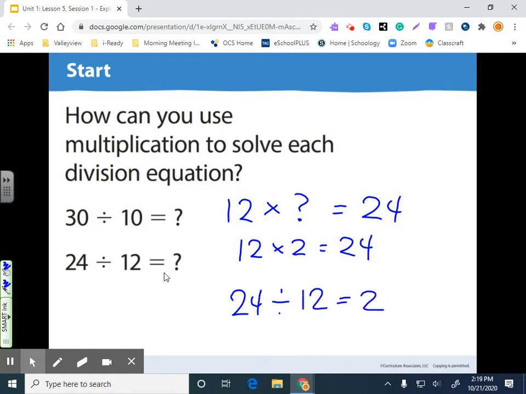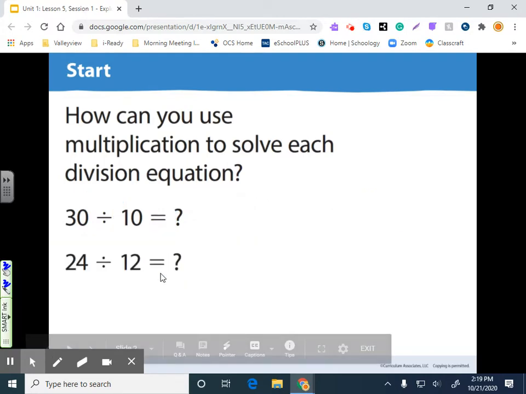So again, you could just take these parts of a division problem and turn them into a multiplication problem if that's a little bit easier. And then basically 10 times 3 would give you the 30, and 12 times 2 would give you that 24. So again, just reconfigure it in your head, and division will be a snap for you guys.